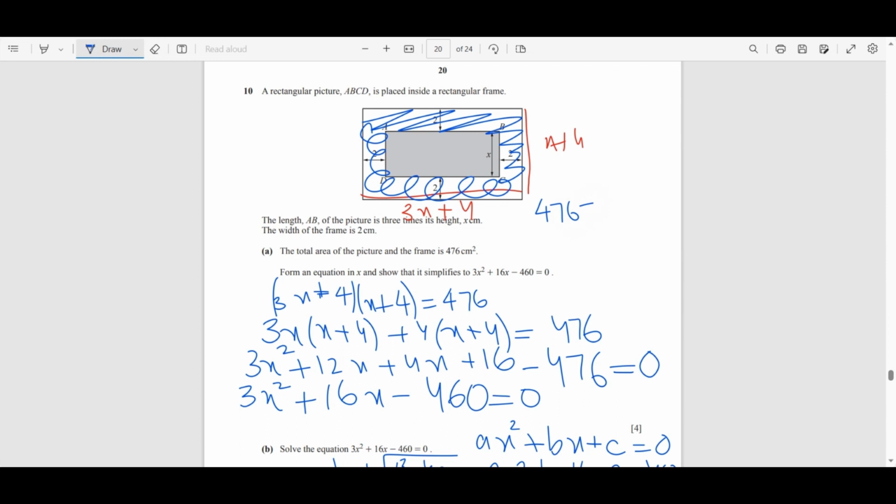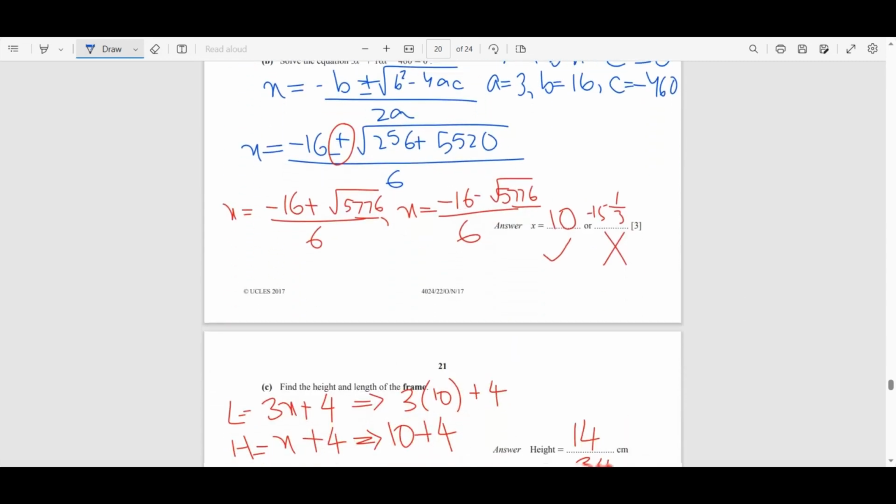We are only interested in the volume of the wood, and wood is not where the picture is. So subtract it from x times 3x. So remember x was 10 and 3x is this. So it's going to be 30. Base is 30. So minus 300 gives us 176. This is the base area of the wood.